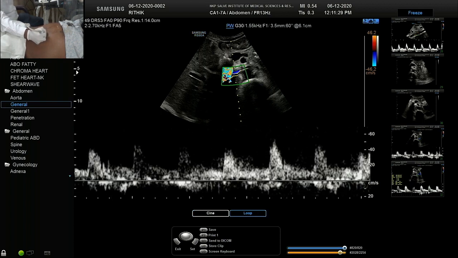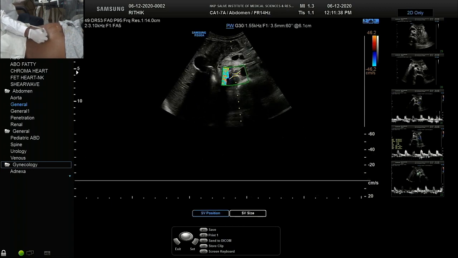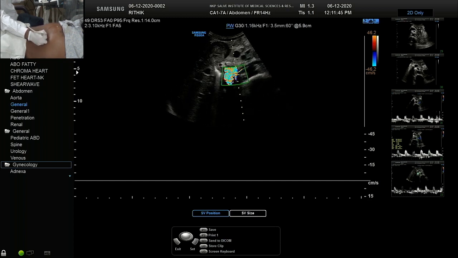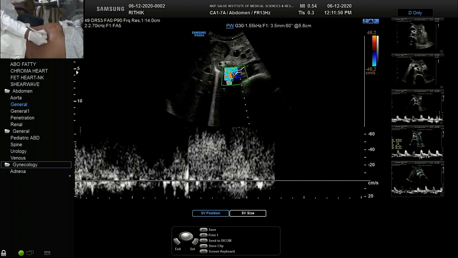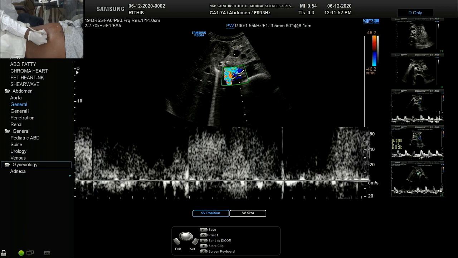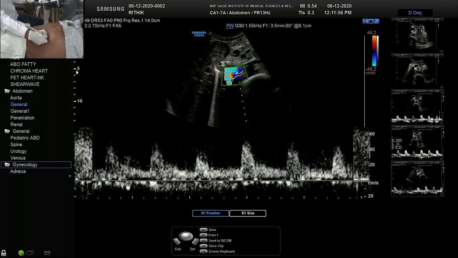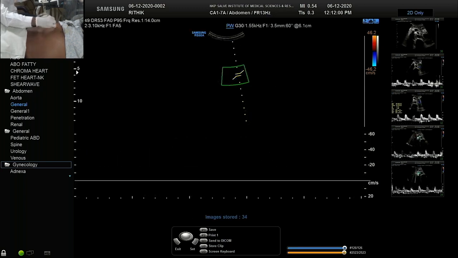Still we can get the spectrum in various waveforms. It will not be clean, but we know that is a normal thing here. So this is better. I have angulated the probe a little bit more so that we get a better visualization.